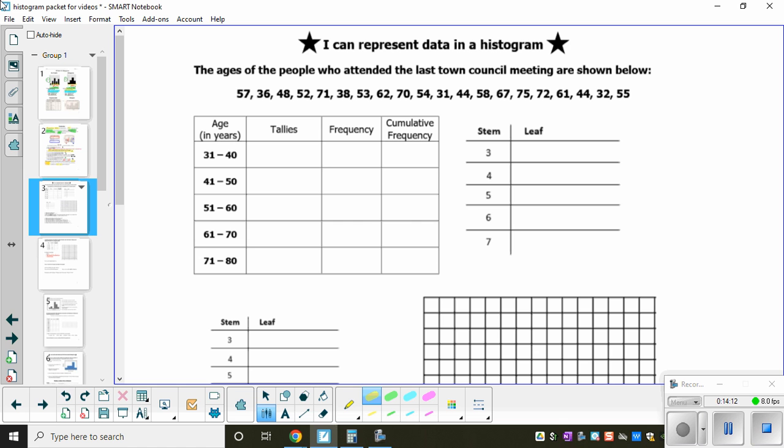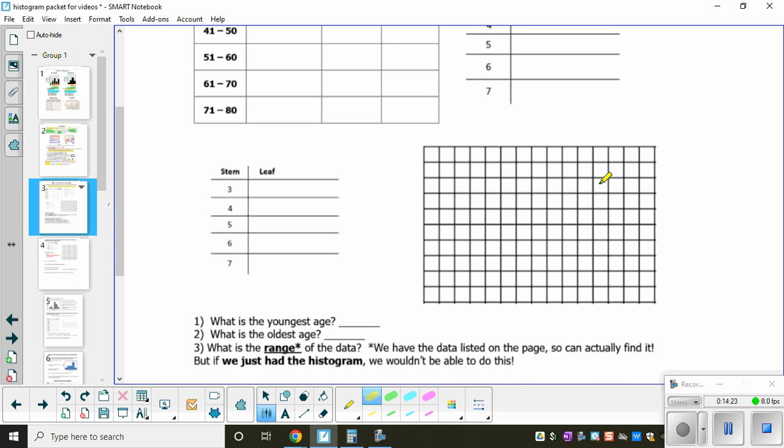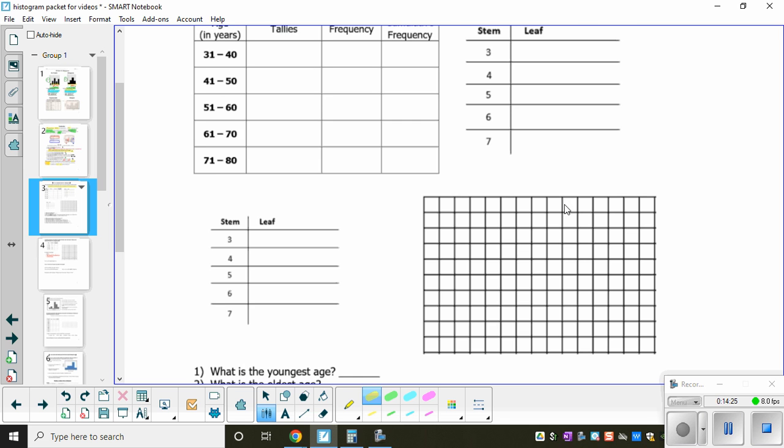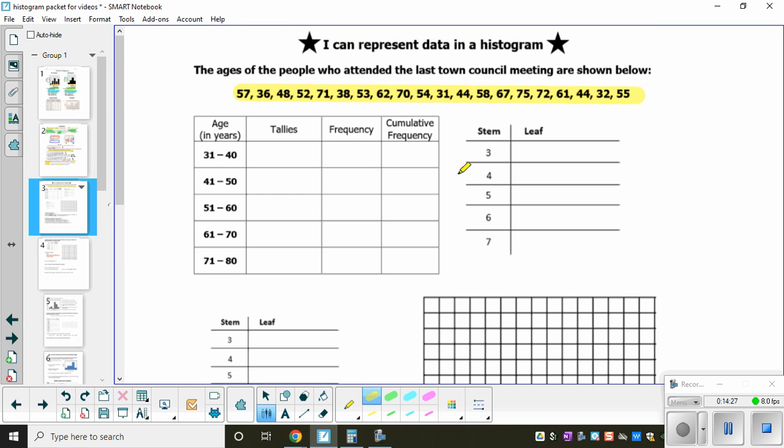We're going to take this data set right here and organize it together into this frequency table. Then we're going to put the data into this stem and leaf plot, and then we'll be able to make a histogram together, okay? So at this point, we're going to practice taking data, and we're going to first collect it and put it into this frequency table.